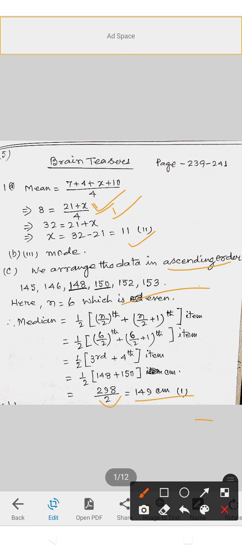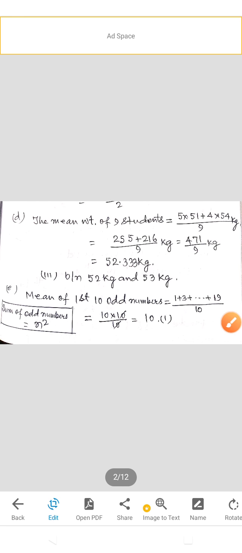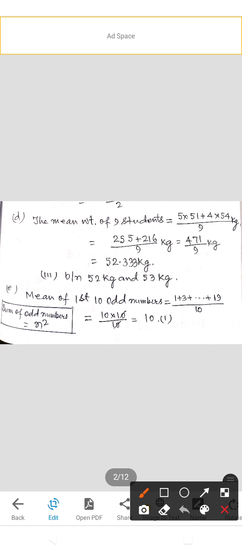Now question D. The mean weight of 5 students is 51 kg and the mean weight of 4 students is 54 kg. The mean weight of 9 students will be. So the mean weight of 9 students equals (5 × 51 + 4 × 54) by 9 = (255 + 216) by 9 kg = 471 by 9 kg.